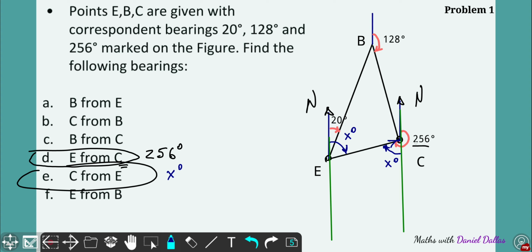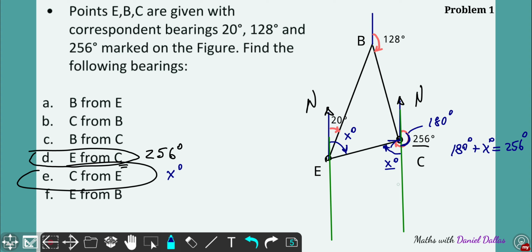Let's have a look at the figure 256. So it consists of this part, which is actually 180 degrees, and the rest part, which is X. So we can say that 180 degrees plus X will give us 256, because that's the total angle that we were initially given.